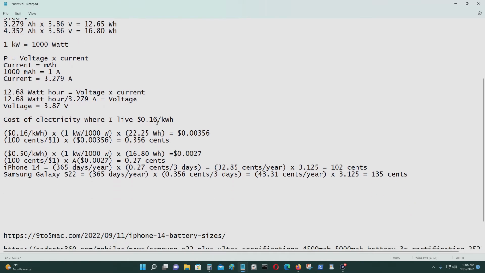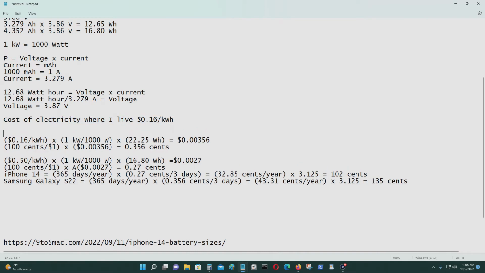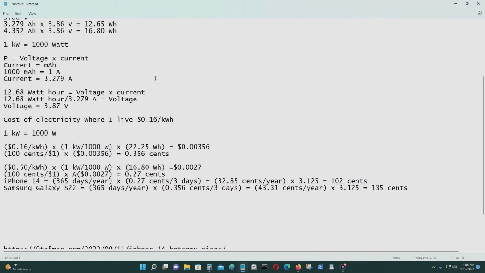So the next thing I want to find out is how much it costs. To do that, we have to know a few things. Since we can't use kilowatts, we have to convert kilowatts to watts.